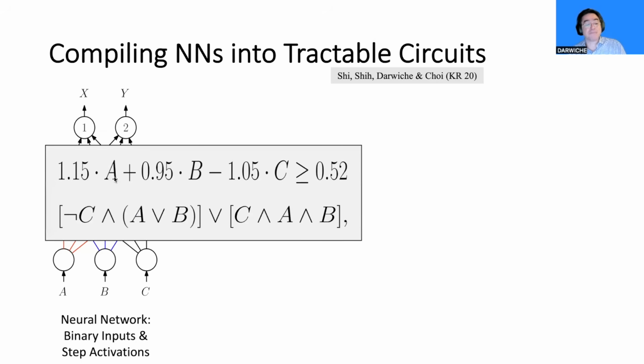Let's look at it. A, B, C, three inputs to the neuron. Here are the weights on the wires: positive, positive, negative. And this is the threshold for the step activation function. So the neuron is basically checking this condition and returning a 1 or 0 depending on whether the condition holds or not. Actually, this is equivalent to this Boolean condition.